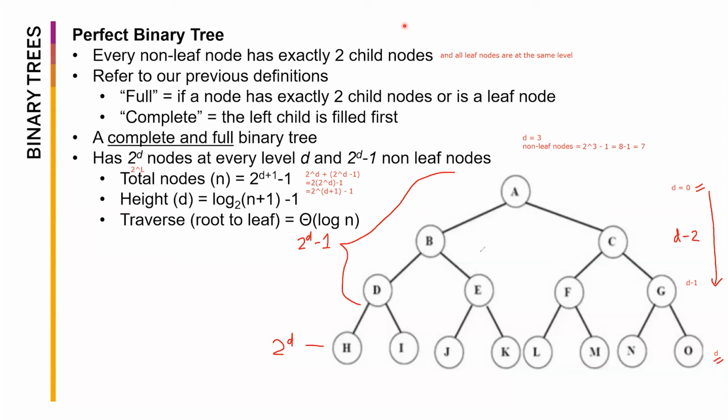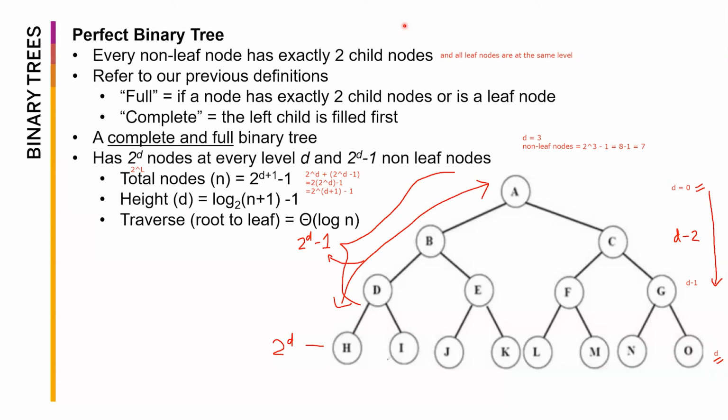Now we have this definition where the number of non-leaf nodes is equal to 2^D minus 1. So basically, we can count the number of non-leaf nodes from level 0 down to level D minus 1, and that is equal to 2^D minus 1.